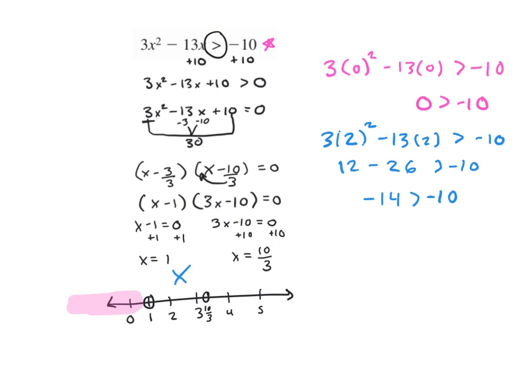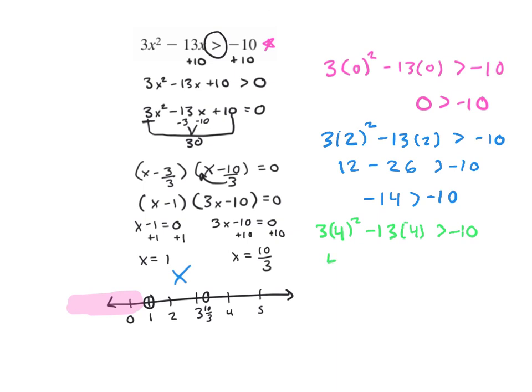Now let's try the outside. What's a number on the outside we can try? 4. So we have 4 squared times 3 minus 13 times 4 is greater than negative 10. 4 squared is 16. What is 16 times 3? 48.